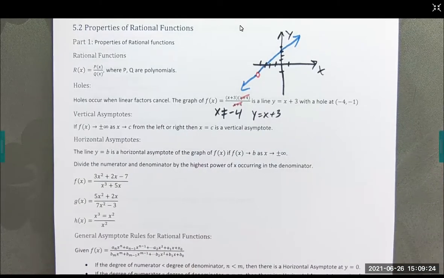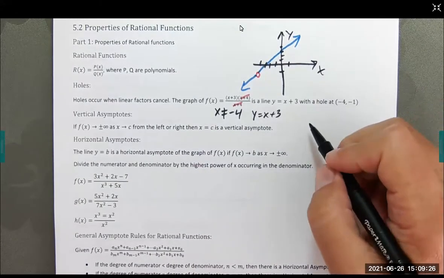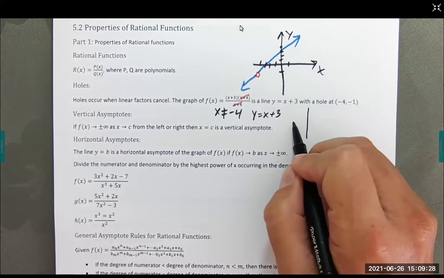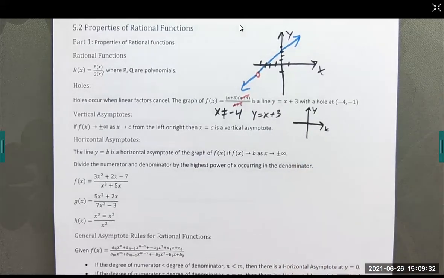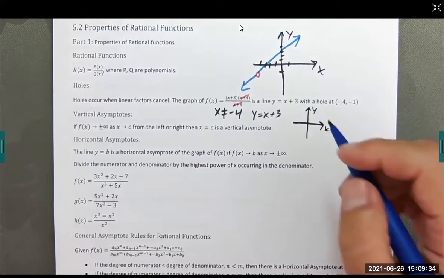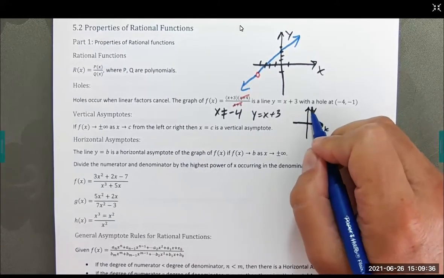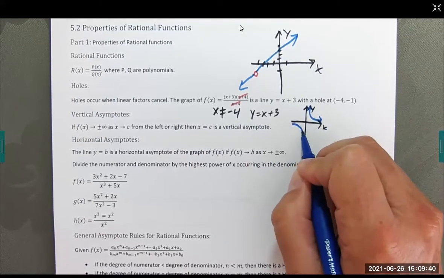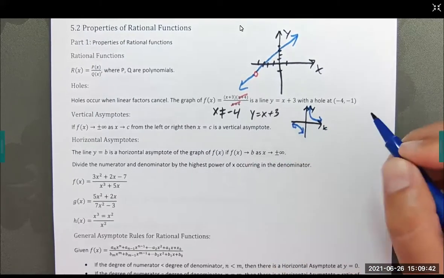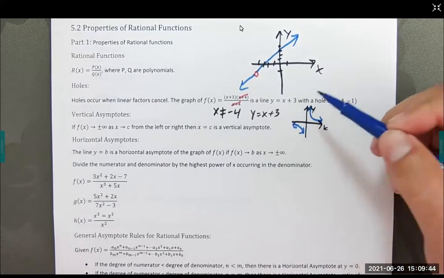So for example, we may end up with something like this. And this is a graph that you probably recognize. And actually the y-axis here is a vertical asymptote.